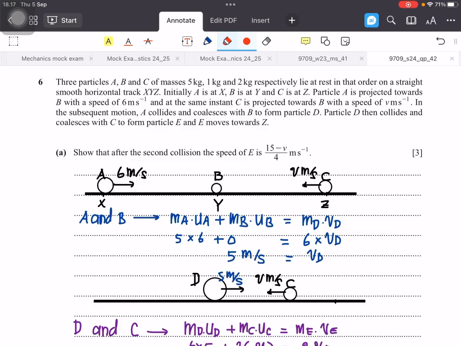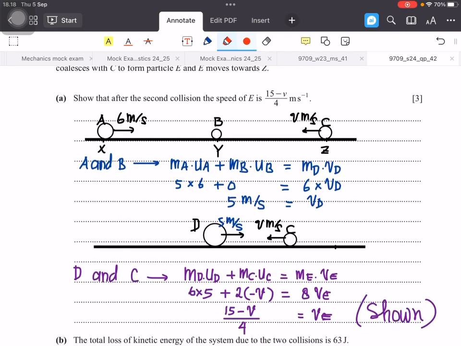The equation will be mA uA plus mB uB is equal to mD vD, because after the collision, A coalesced with B and formed particle D. So 5 times 6 plus 0, because particle B is at rest, is equal to the combined mass of A and B, 6 kilograms, times vD. So vD is 5 meters per second.